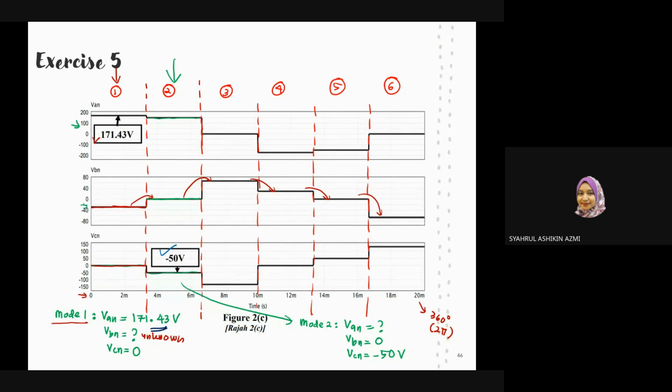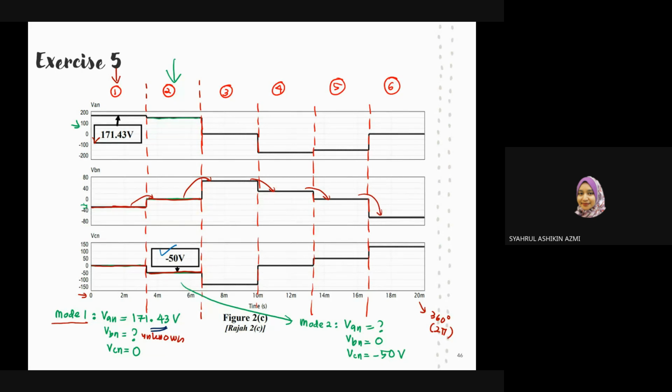What else is given from this figure? Look at here, you have this negative 50. At mode number 2, your VCN will be equal to negative 50. That is information given from this figure. Then you can see VBN equals 0 because the waveform is obviously at 0.